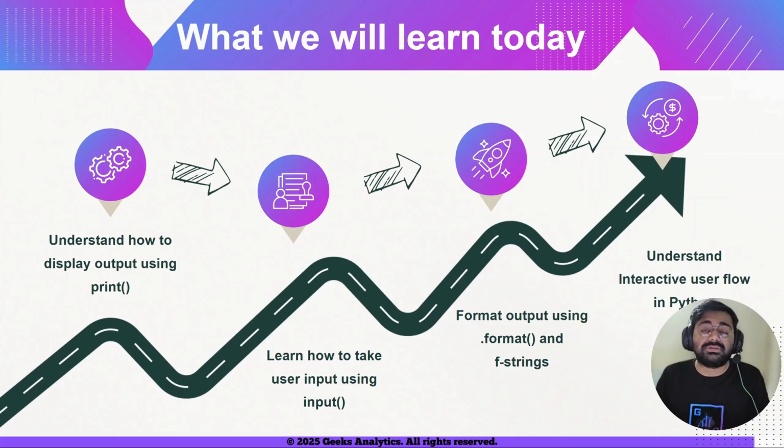We have already seen the usage of the print statement. We will start using input statements and two other methods, f-strings and dot format, which are used to make the print statement more effective in terms of displaying formats, and we will see how to combine the overall interactive user flow.